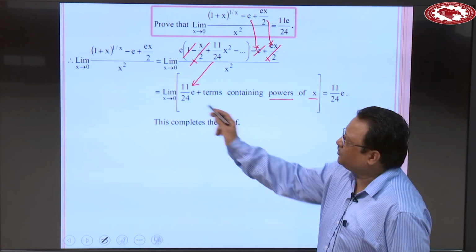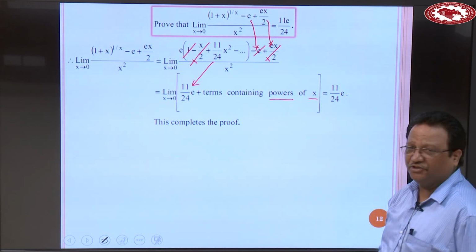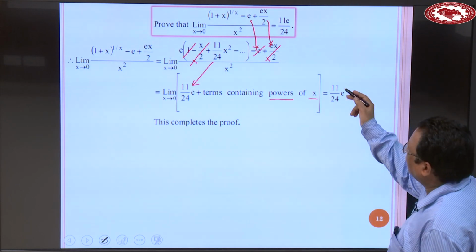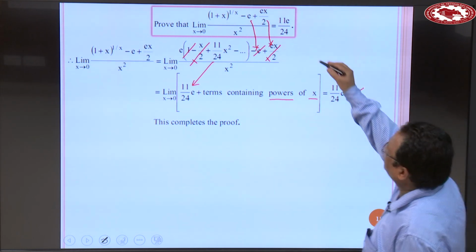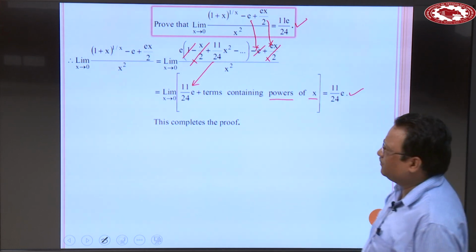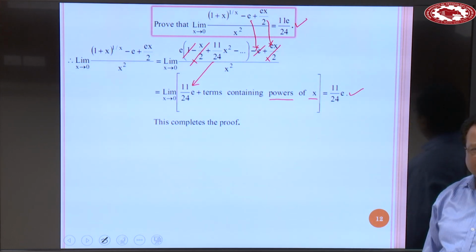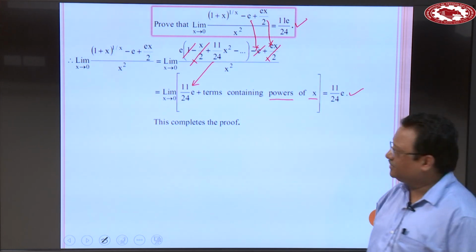So when x tend to 0, all these terms tend to 0. So we obtain simply 11 over 24 e, that is 11 e over 24. This completes the proof of this type of problems.